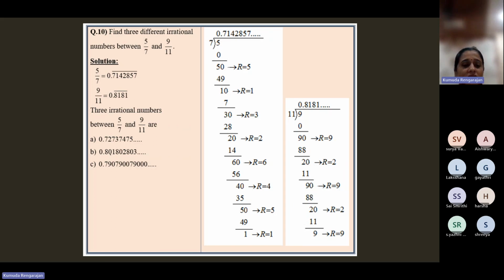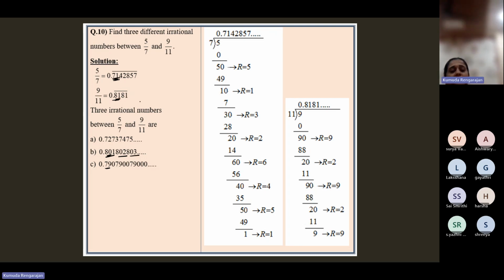Look at the next example. 0.80, because between 71 and 81 is 80, no? So I've written 80. I started with 80, then 801, 802, 803, 804, 805, goes on like that. I started with 0.79, which is between 0.71 and 0.81. This is 71, this is 81.